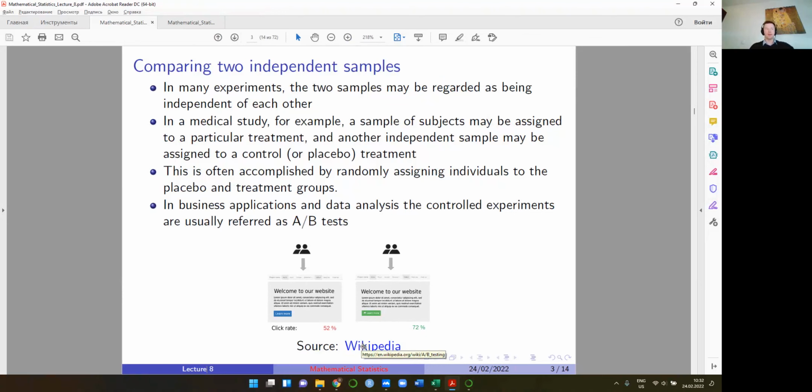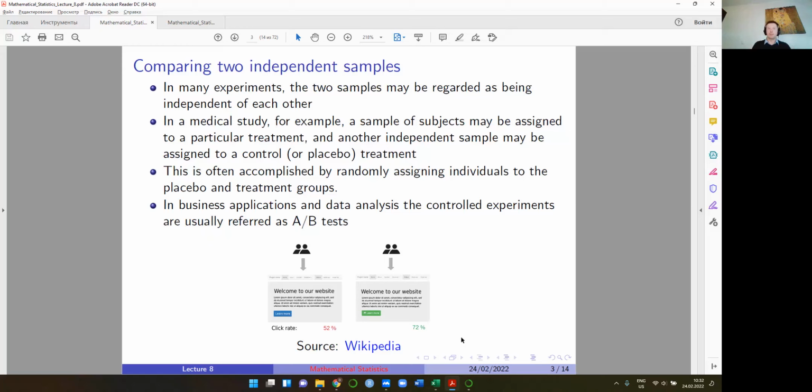So we need to apply all those tools that we have established to properly answer the question whether this result gives us enough evidence that the green button produces more clicks in the population than the blue one. Or probably this is just a random deviation, and basically the two designs are equal in their ability to produce these click rates.